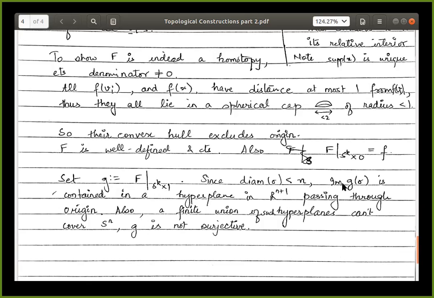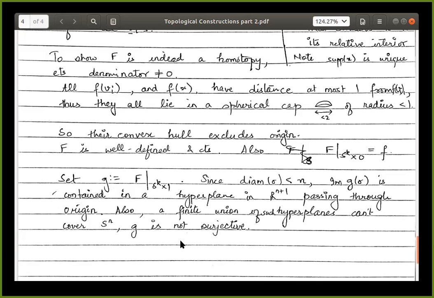Therefore, when you take the image of g of Sk, you are going to get a finite union of such hyperplanes. And a finite union of such hyperplanes cannot cover the whole of Sn. Therefore, the map g, which we have defined in this fashion, is not a surjective map, and hence it will miss out a point. And as I have already described above, for such a map, g is null homotopic.